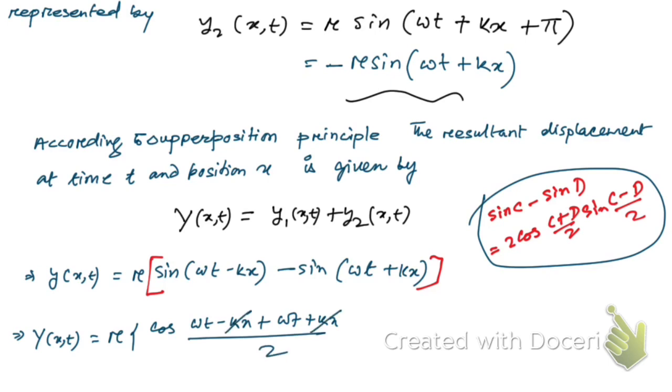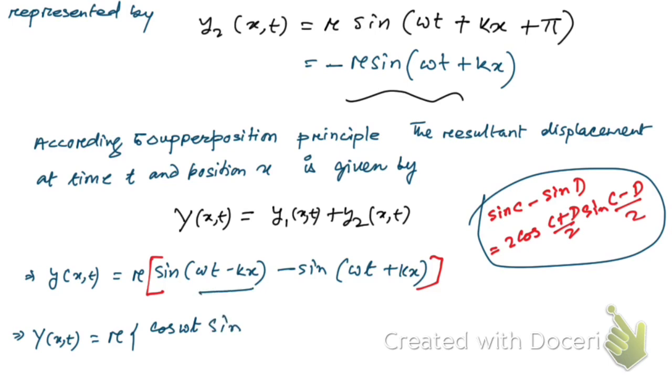Here plus kx minus kx is gone, omega t plus omega t is 2 omega t, the 2 cancels, so we're going to get cos omega t only, into sine of (c minus d) by 2.